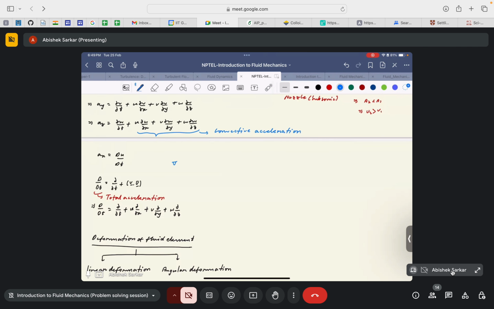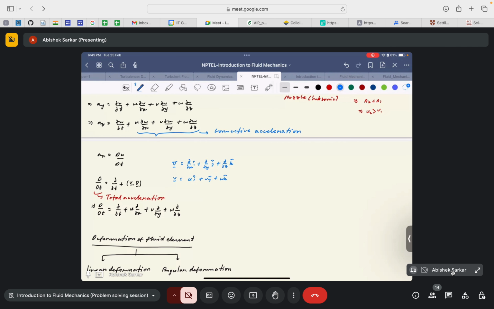The Nabla operator is a vector operator which is given by ∂/∂x i cap plus ∂/∂y j cap plus ∂/∂z k cap. And V is a velocity vector, so it will be something like u i cap plus v j cap plus w k cap.